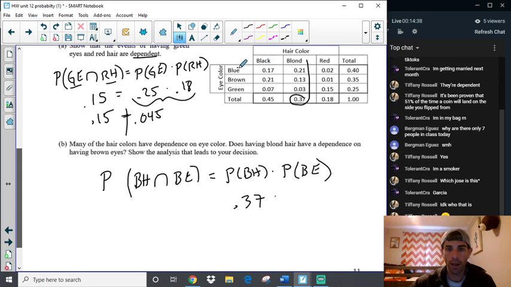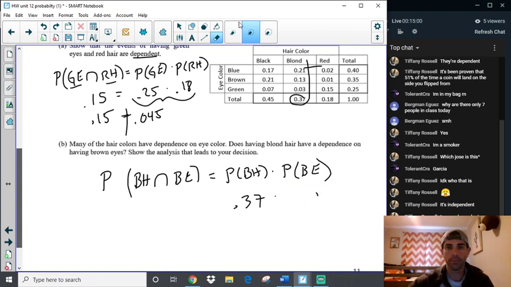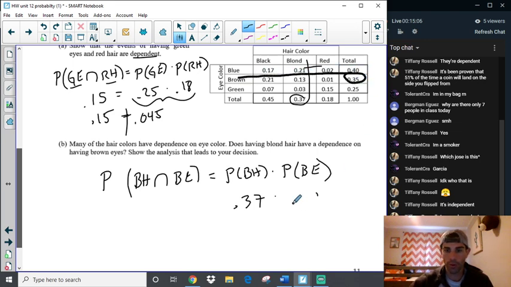Okay, brown eyes, 0.35. Where did they intersect?